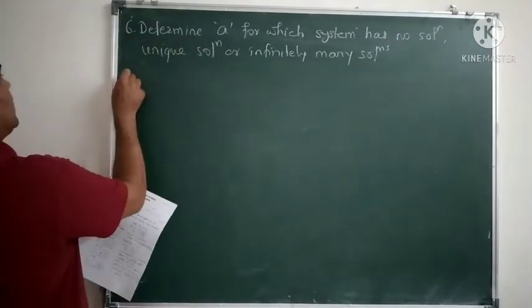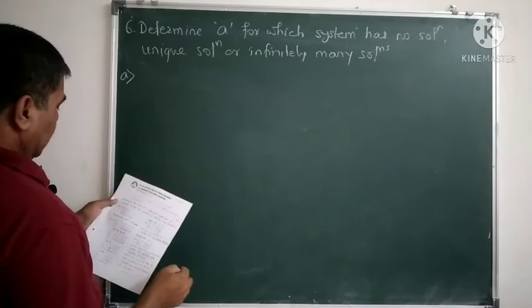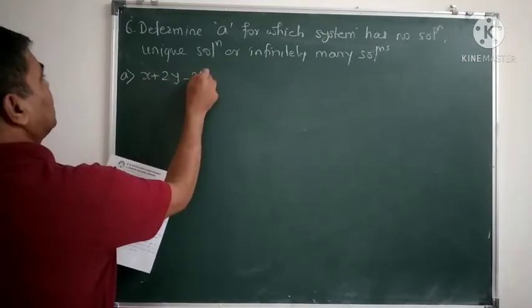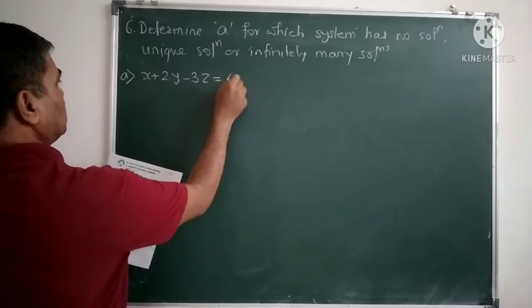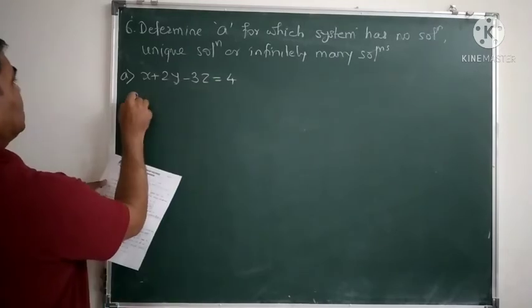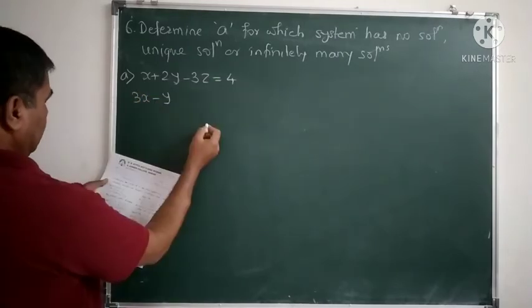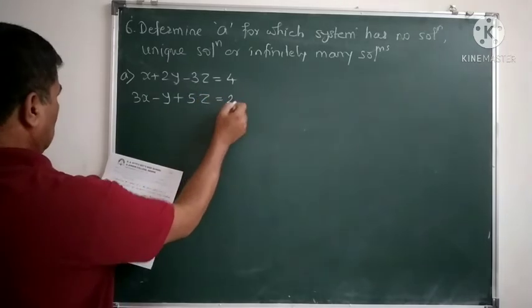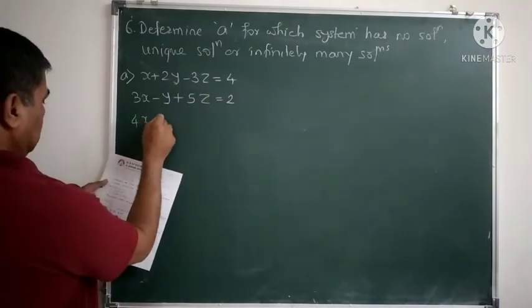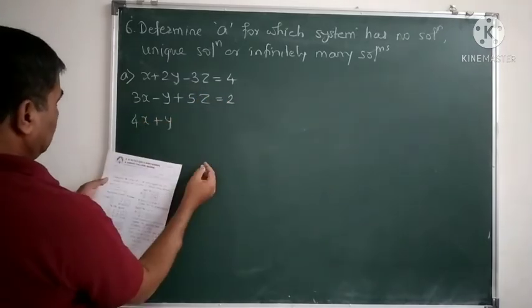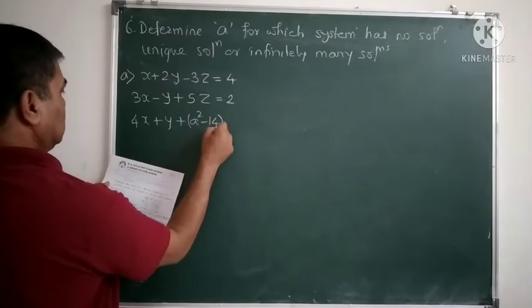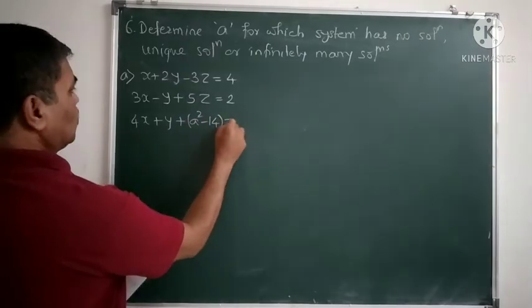The first equation is x plus 2y minus 3z is equal to 4, then 3x minus y plus 5z is 2, and 4x plus y plus (a square minus 14)z is equal to a plus 2.